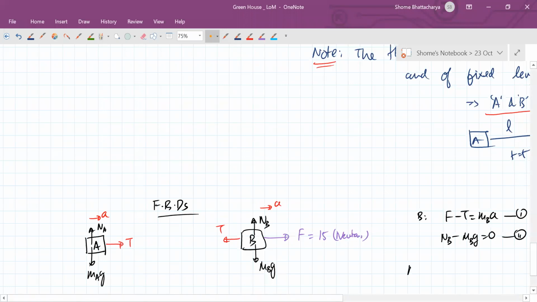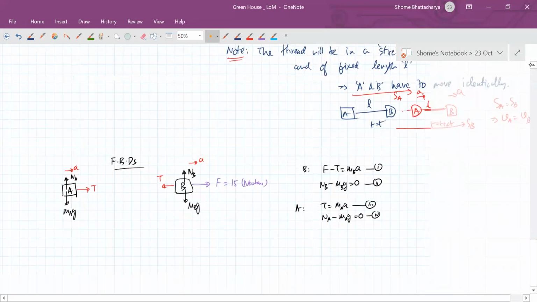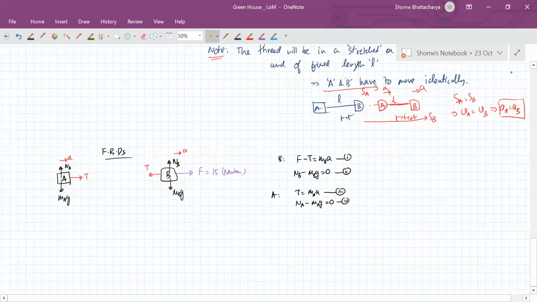So for block A, I have the equations that tension is equal to mass into acceleration, and normal reaction acting on A balances its weight. So these two equations, equations 2 and 4, are not really equations that I require.